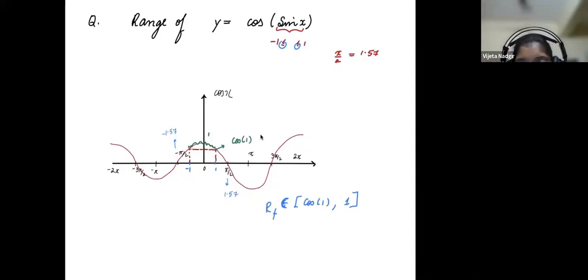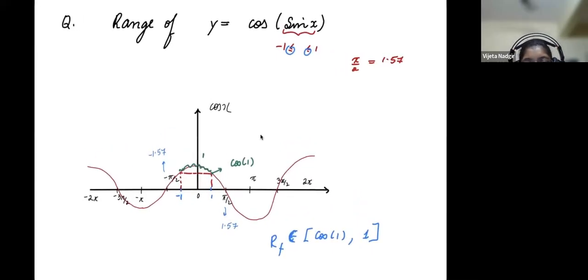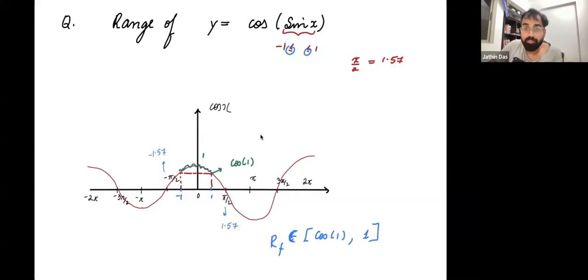But it doesn't matter what's in that cos, right? Even if it is sine. But always understand when you take functions: whatever is inside should be in the R club.